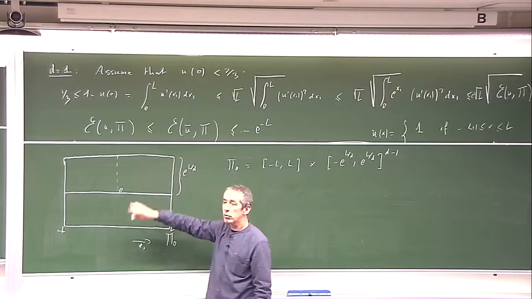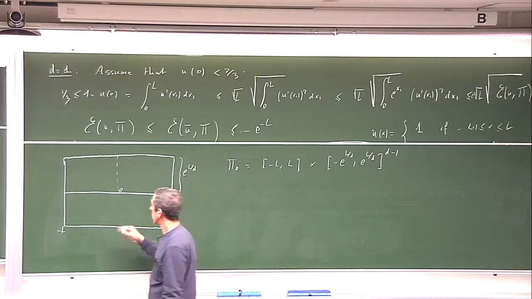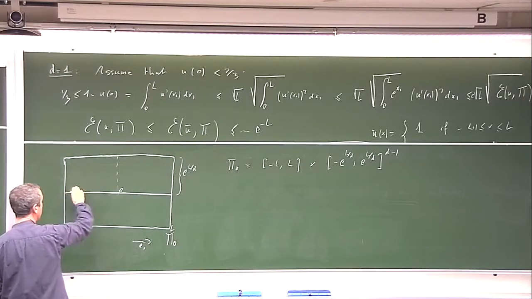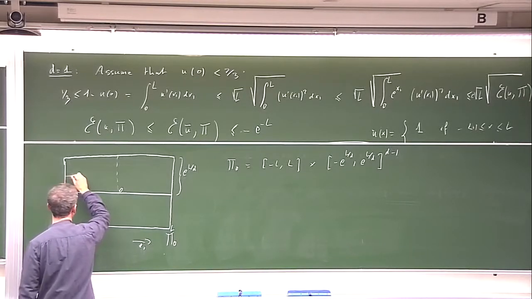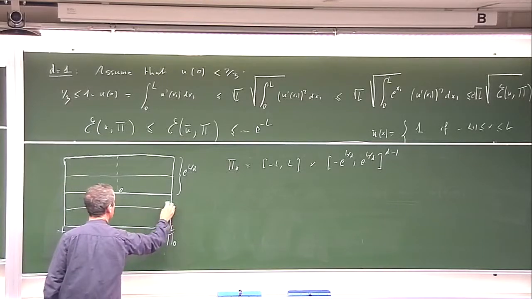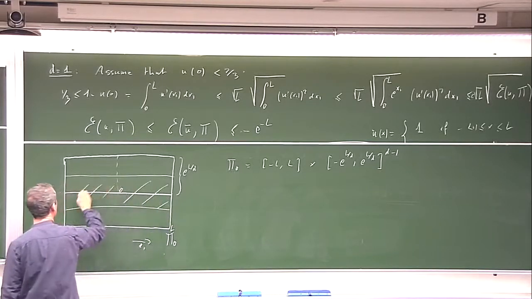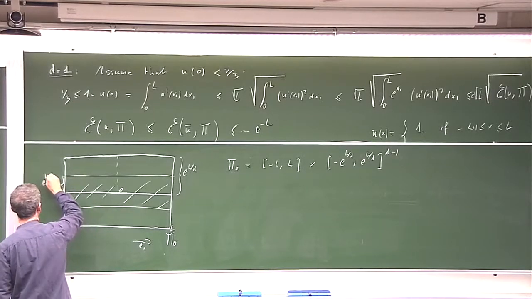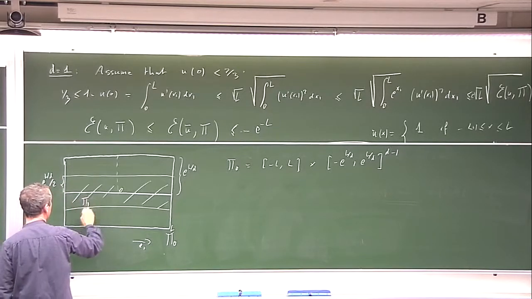And then we'll do some kind of recursion. So we will start with a domain like this, and then we will divide its side length by 2. So then we'll have another domain, a subdomain, like this, a subrectangle, where now the side length is divided by 2. It's exponential L to the d divided by 2. And this subdomain, call it pi 1.